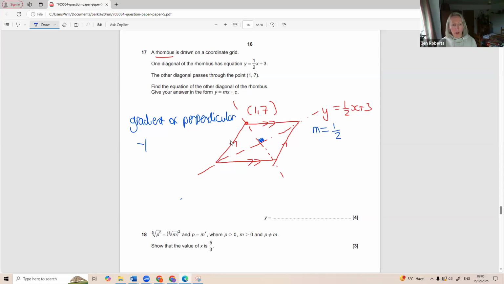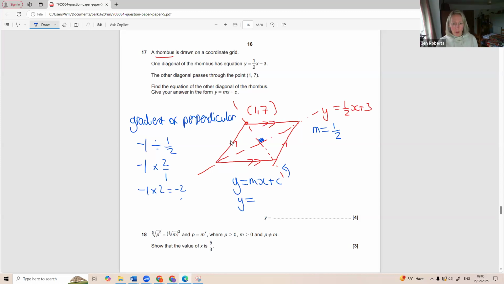So -1 divided by a half. Not got a calculator here, have we? So we have to do our keep flip change again. 2/1 is 2, which is -2. So the gradient of that perpendicular there is -2. So we know for this diagonal here, the gradient is -2.